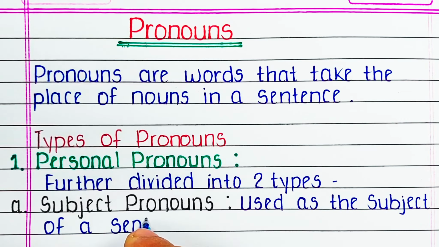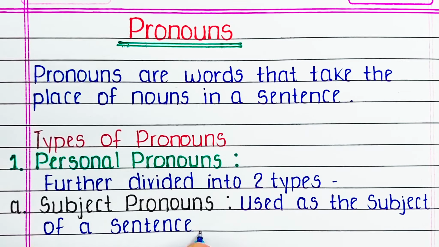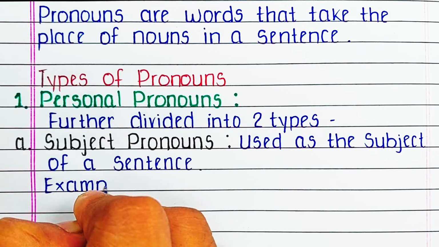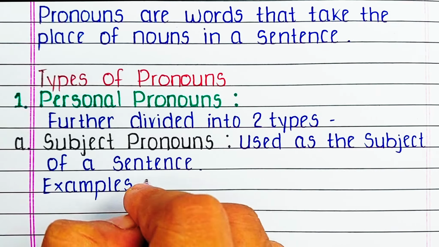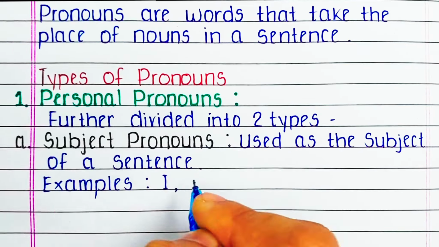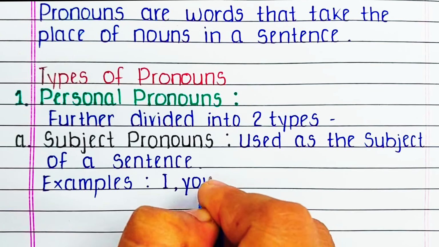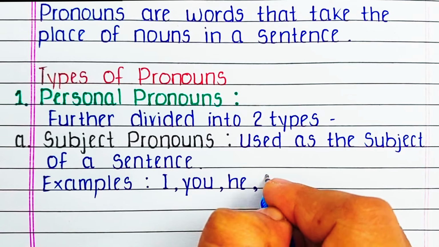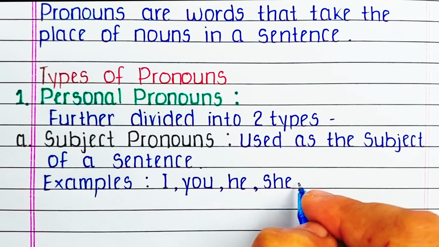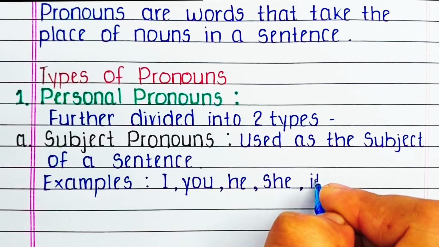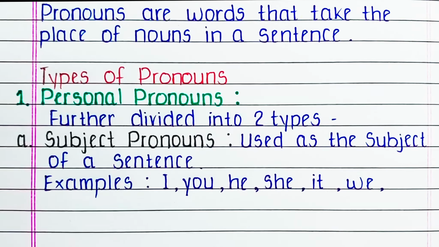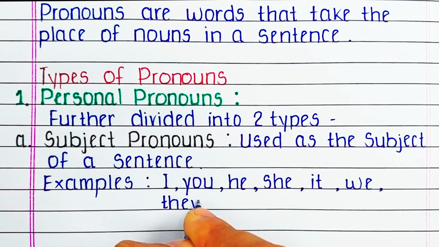These are used as the subject of a sentence. Examples are I, you, he, she, it, we, and they.